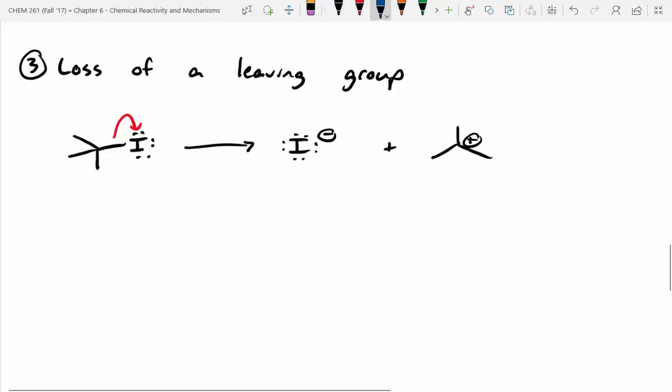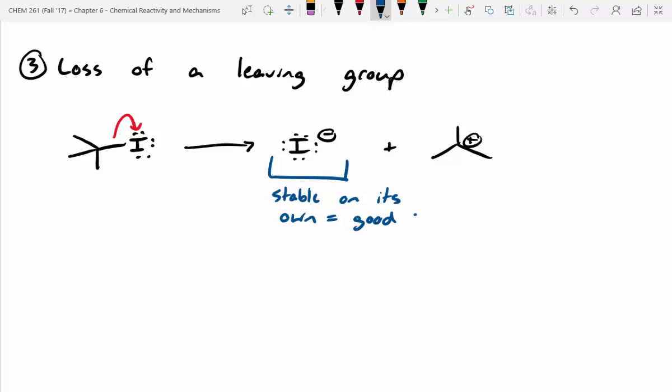The important thing to remember with the leaving group is it's the thing with the negative charge that's coming off here. It has to be stable on its own. How can we assess whether or not it's stable on its own?